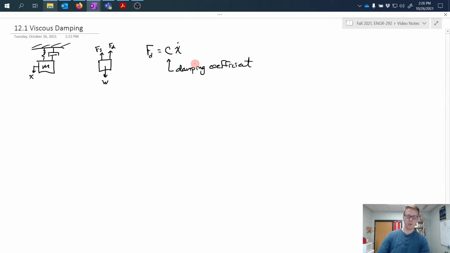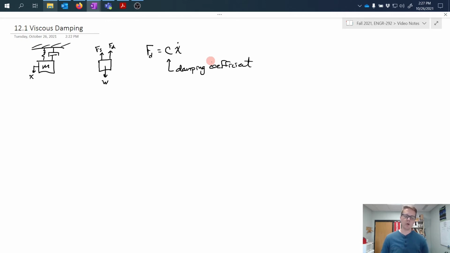Now, one thing we should notice here is that the force of the dashpot is proportional to the speed, represented by x dot. So that's the velocity of the motion, rather than the spring force, which is proportional to the x displacement itself. So with higher velocity, you're going to get greater resistance from the dashpot.